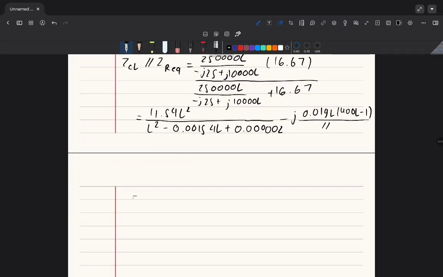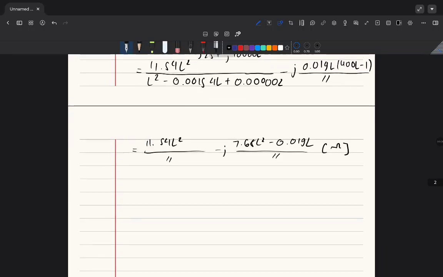This is equivalent to 11.54 squared over the same denominator, minus j times 7.68 squared minus 0.019 L, over the same denominator, in ohms.